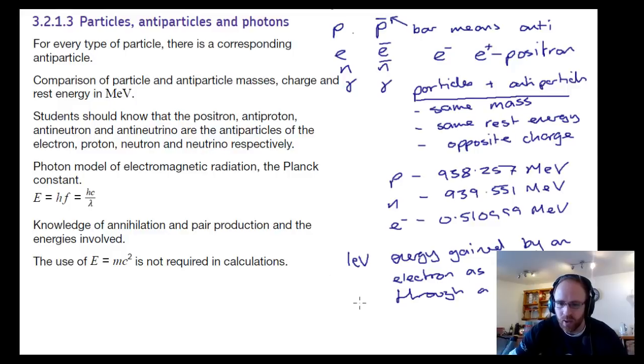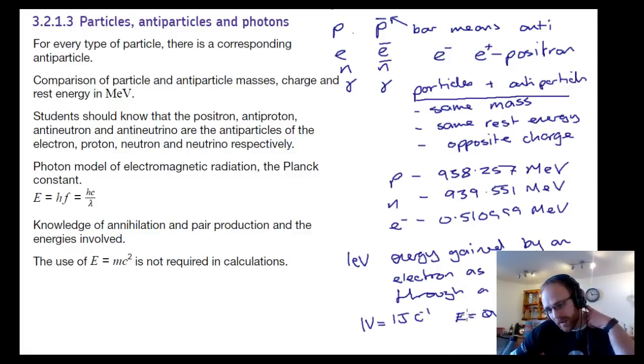So if we know that 1 volt is 1 joule per coulomb, then we can calculate that energy must be potential difference multiplied by charge. So energy or work done is our charge multiplied by our voltage.